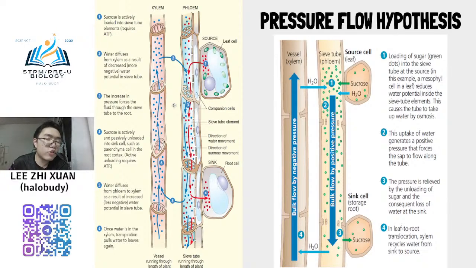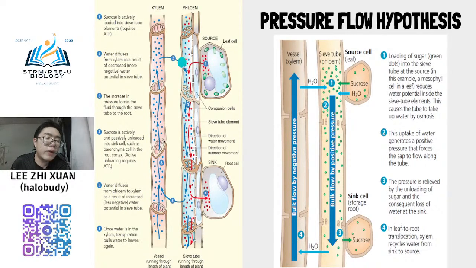So normally, as I repeat again, when the sucrose molecule is pumped into the phloem, the solute potential is now very high, so the water molecules from the xylem vessel will diffuse out of the xylem vessel and flow into the phloem tube.